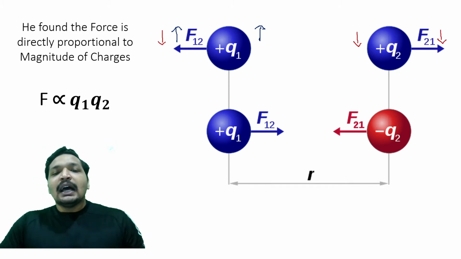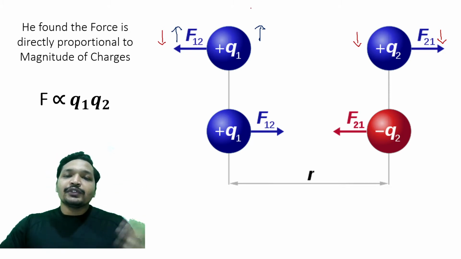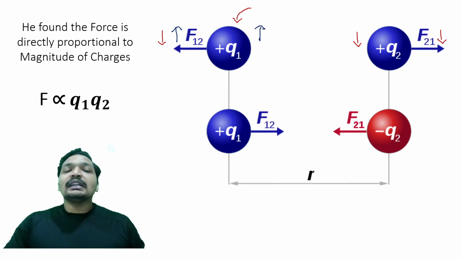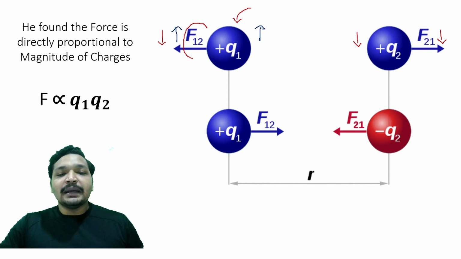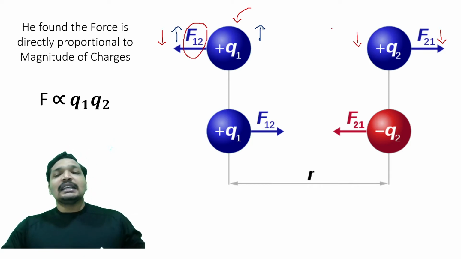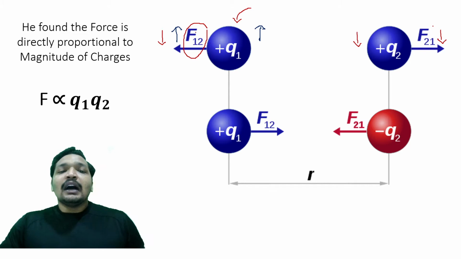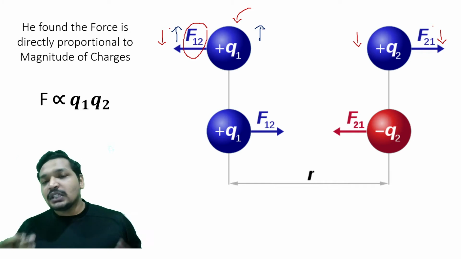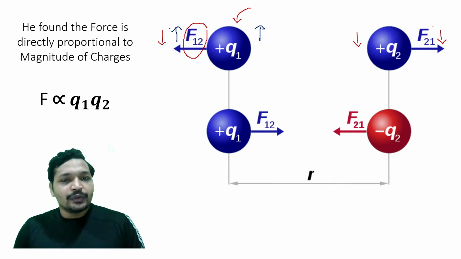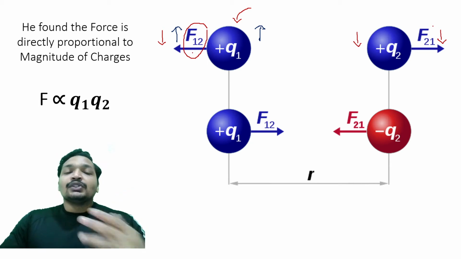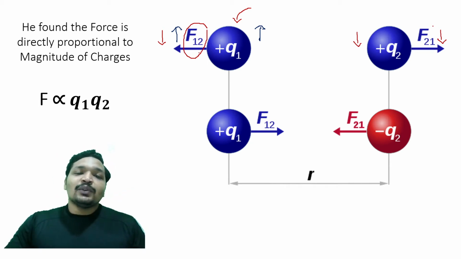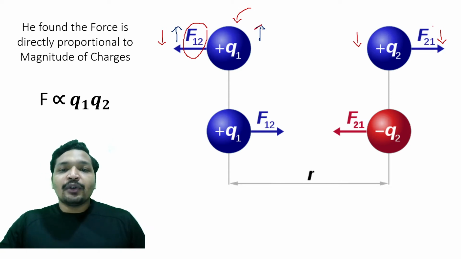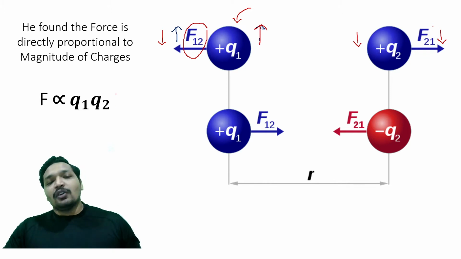Imagine one of those balls where he has been increasing the magnitude of charges, and he observed that the force between them was also increasing. In both cases the magnitude of the forces is the same; F12 and F21 just indicate the direction. You'll understand that as we move through this lecture. As he was increasing the magnitude of charges, the force between them was increasing.